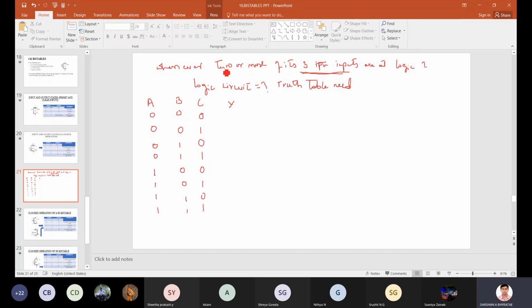Okay, in the question, whenever 2 or more of its 3 inputs are at logic 1. Construct a logic circuit that will produce logic 1 output.